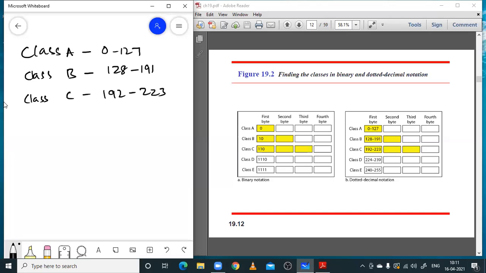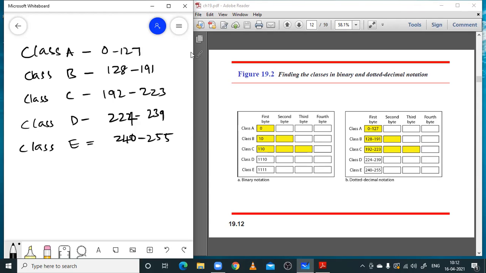Now coming to class D, the range is 224 to 239, and class E is 240 to 255. So this is what happens here. This is the range which will be used.